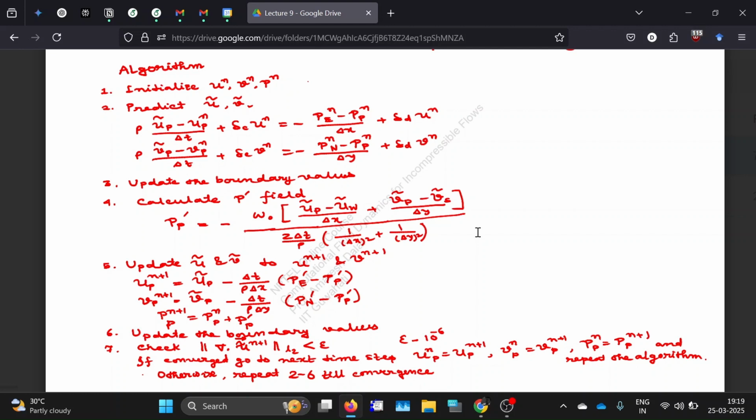So u at the boundary also you have to update, right? So only for Neumann we need this update, for Dirichlet it's fixed. Yeah, that's what I'm saying: for the Neumann boundary condition we need to update the boundary values. Correct.